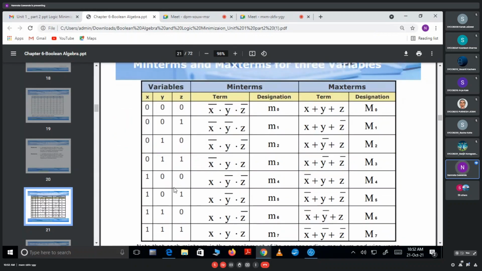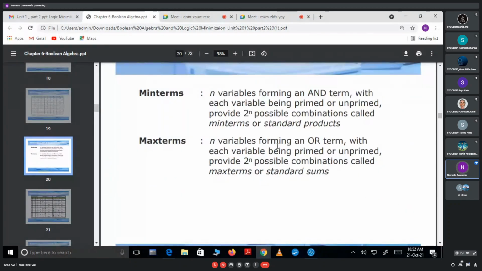Now on the right side you can see the max term. What is a max term? It is nothing but the ORing of the variables. OR means addition, so the plus sign is there. Here max term is n variables forming an OR term.